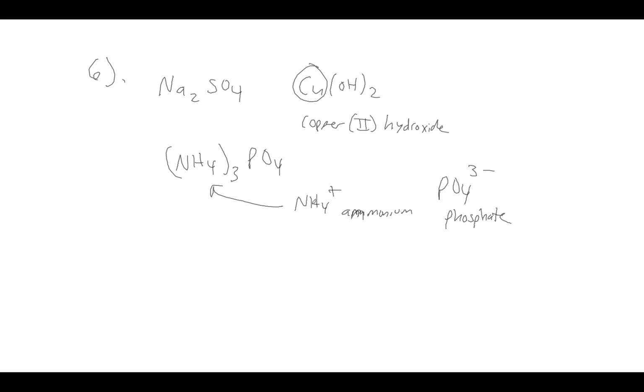So it's ammonium phosphate. Notice that even though the bonding within these polyatomic ions is covalent, the bonding between them is ionic, because these are both polyatomic ions. They have net charges. So this is indeed an ionic compound. So row W consists of compounds that are all ionic.